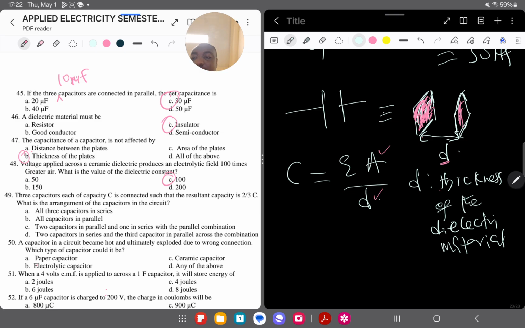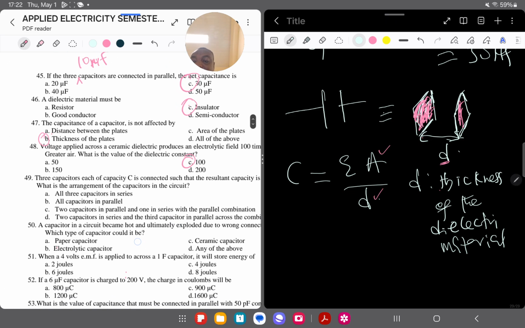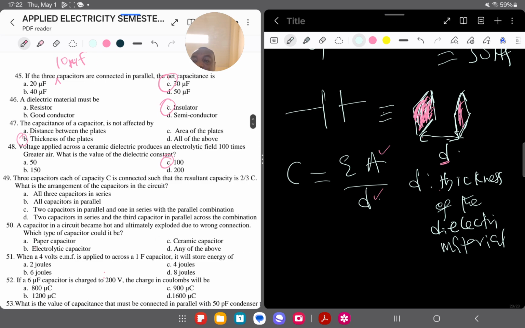Question 49. 3 capacitors, each of capacity C, are connected such that the resultant capacity is 2/3 of C, the capacitance.